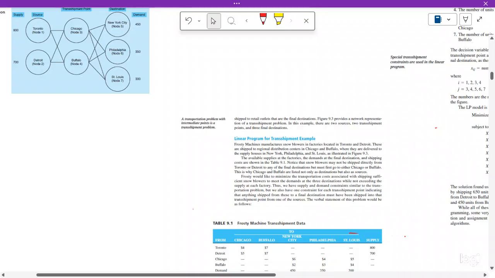I'm trying to write my costs there. It says Toronto and Chicago. That could be my x13. It's going to confuse you. Rather, you copy it here.